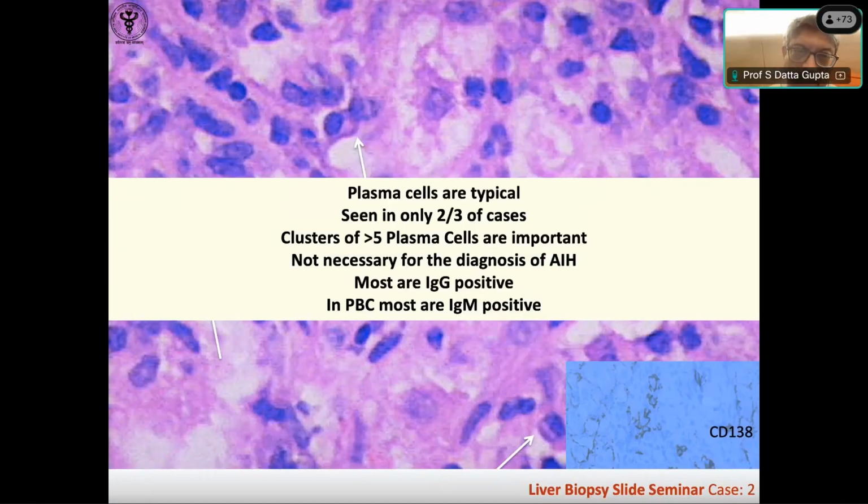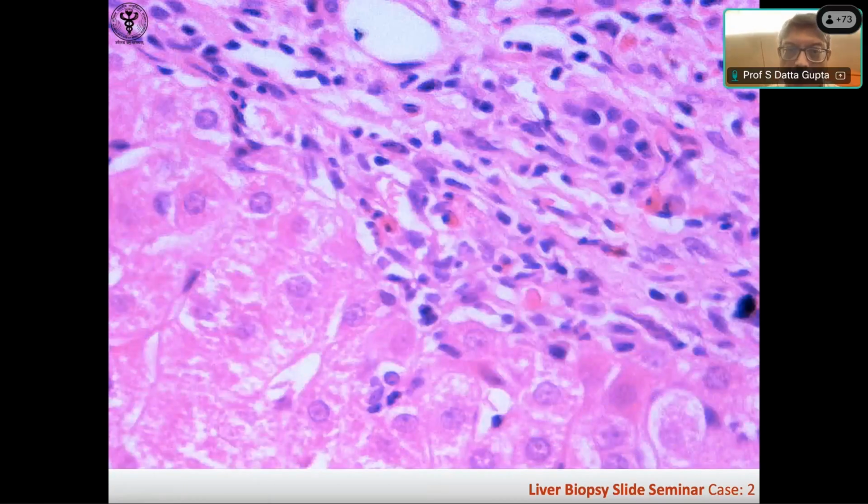But if you see plasma cells, most of them are IgG positive. If they are IgM positive, think of PBC. Right? If you do IgM and they are positive, think of PBC. That's important. And of course, you can get some eosinophils, right?